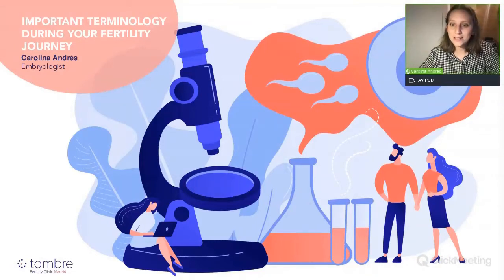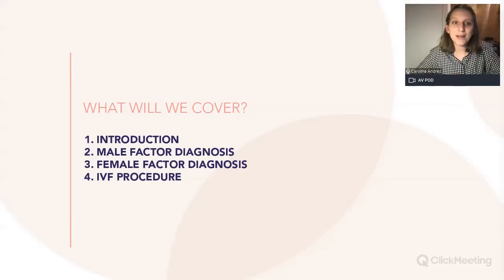So let's start. Here's a brief scheme of what I'm going to follow. We'll start with a simple introduction, cover the main terms that you can listen to during the diagnosis, both the male factor and female factor diagnosis, and end up with the IVF procedure. The terms that are encompassed in this part are the most important ones, and I will be concentrating more on this aspect.